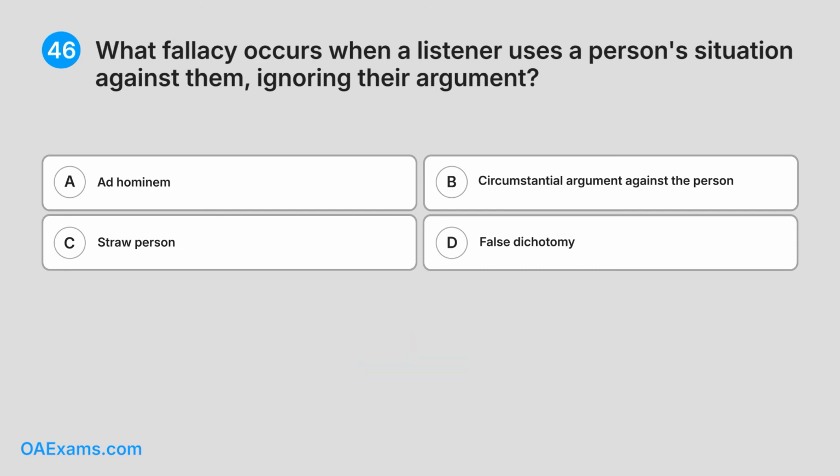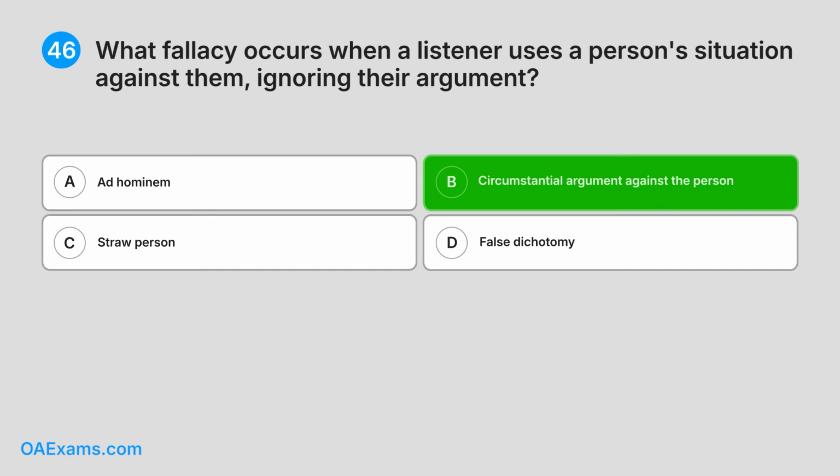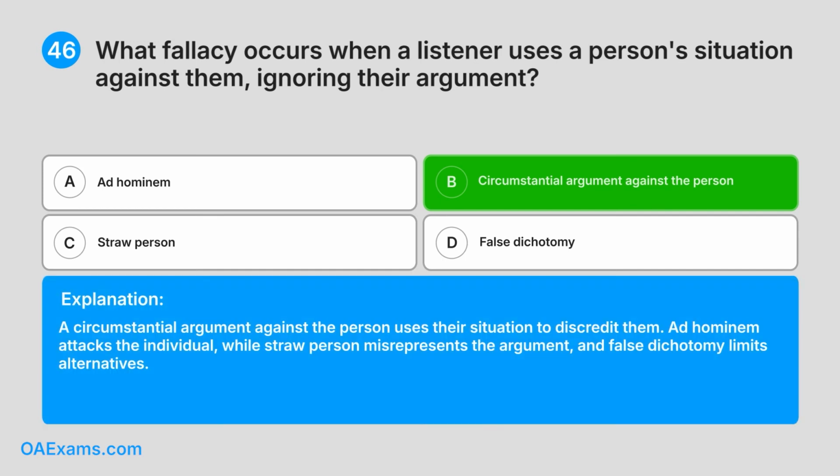Correct answer. B. Circumstantial argument against the person. Explanation. A circumstantial argument against the person uses their situation to discredit them. Ad hominem attacks the individual, while straw person misrepresents the argument, and false dichotomy limits alternatives.